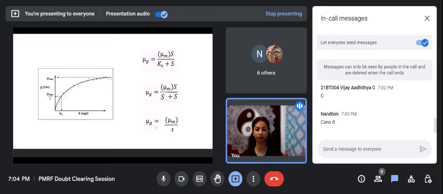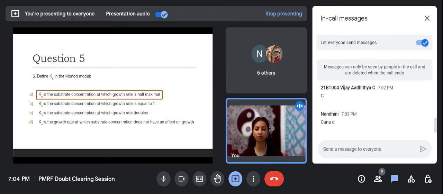In that case, the growth rate will be equal to half of the maximum growth rate. So at the point where the growth is half is exactly Ks. That is the substrate concentration at which growth rate is half of the maximum growth rate. I hope you understood. If you do have doubts, please do write it in the chat. I'll move on to the next question.